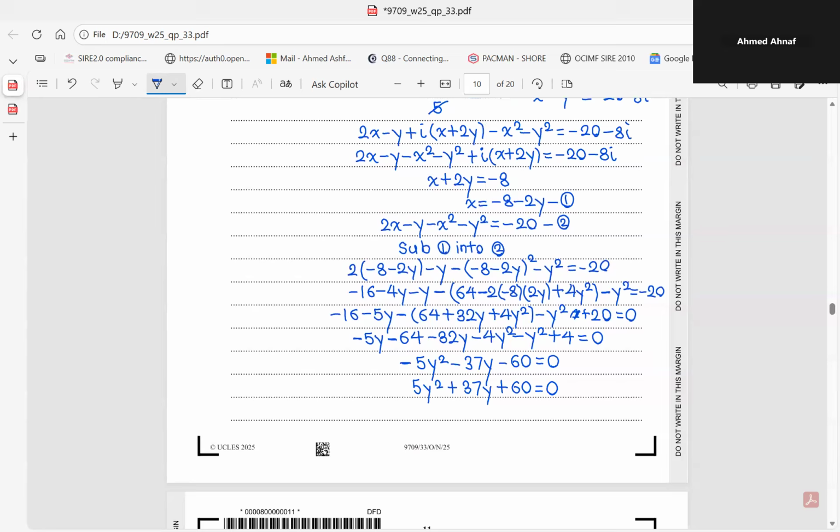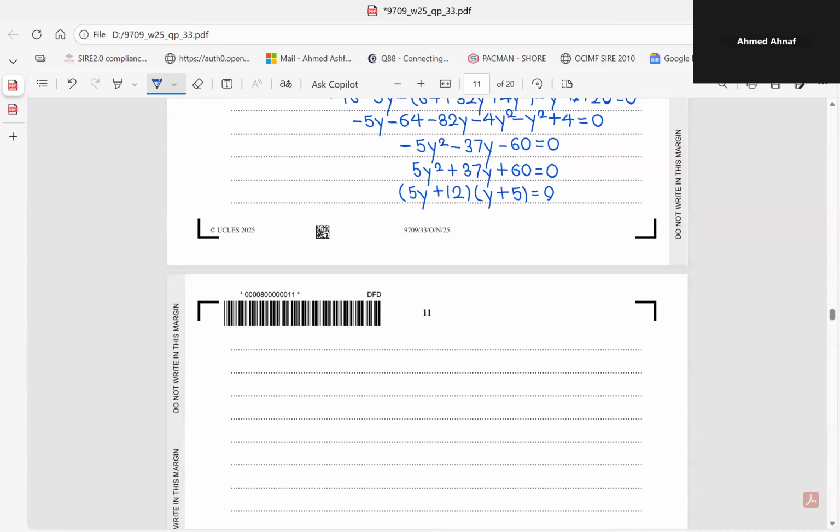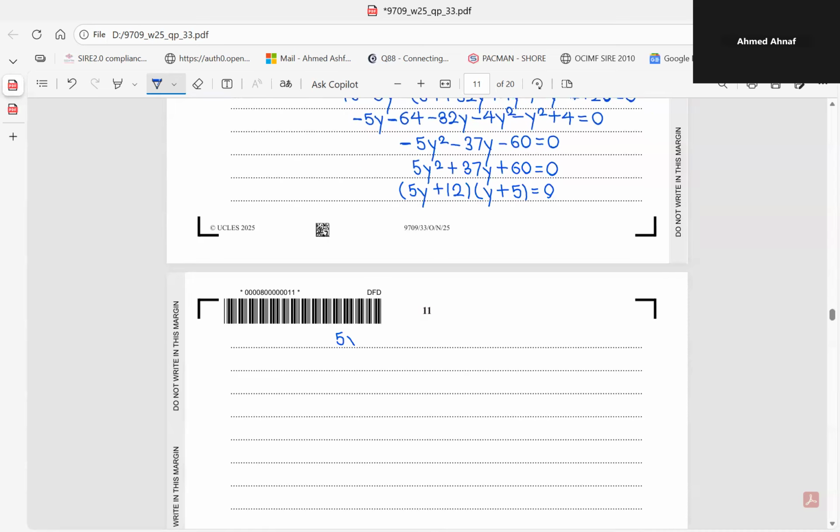Okay, so we get (5y plus 12) times (y plus 5) equals 0. Solving each of these factors, the first answer we get is 5y equals negative 12, and y is negative 12 over 5.